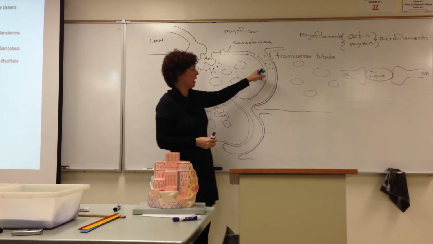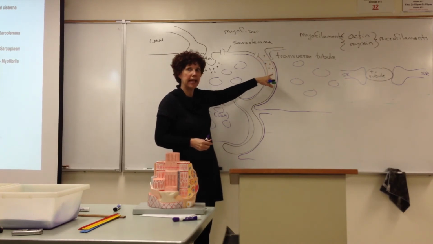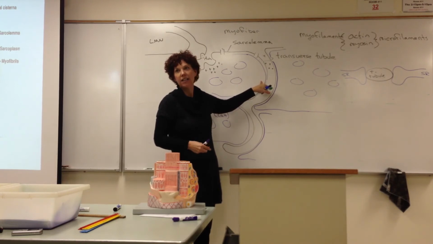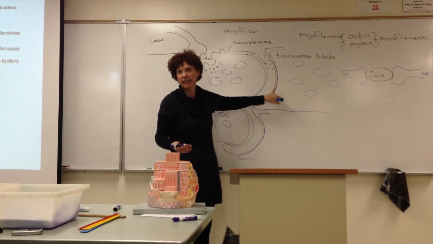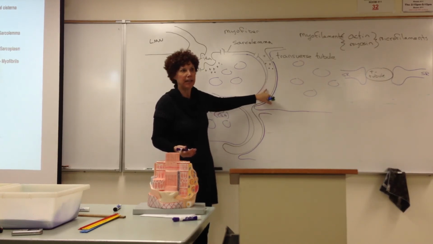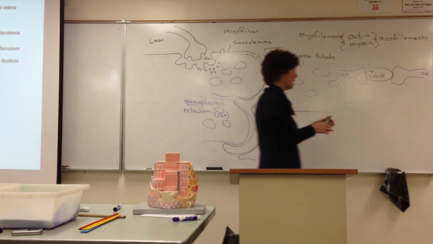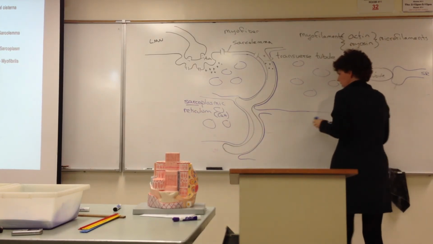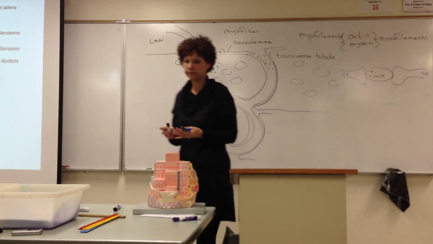They have a very low threshold, so as the current travels down the transverse tubule, it's easy for this area to have its voltage-gated calcium channels opened by the current in the muscle membrane. And so that special region of the sarcoplasmic reticulum is known as the terminal cisternae.